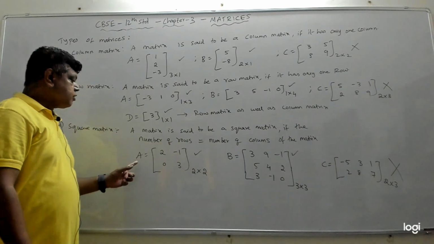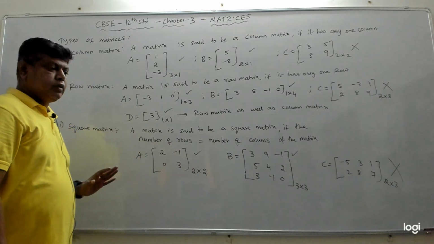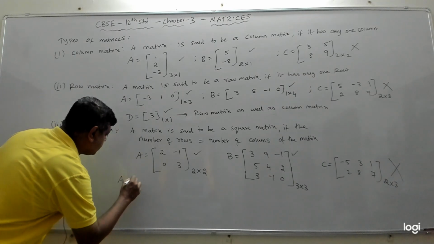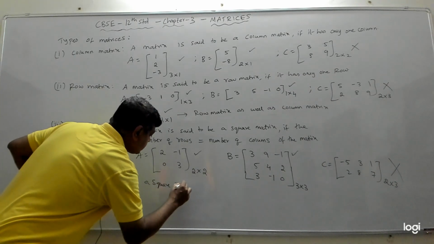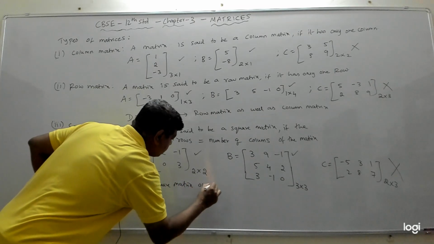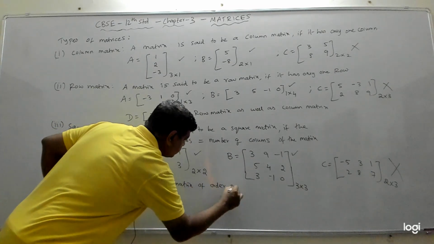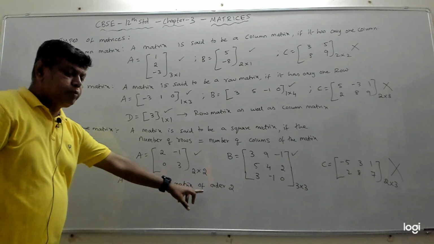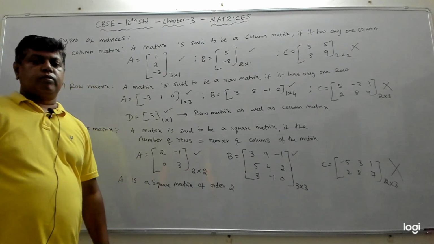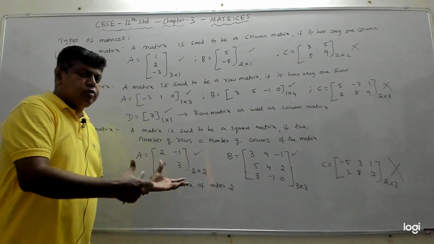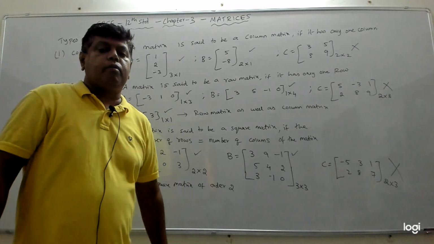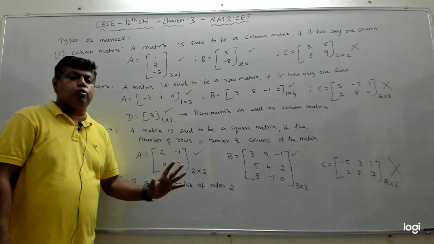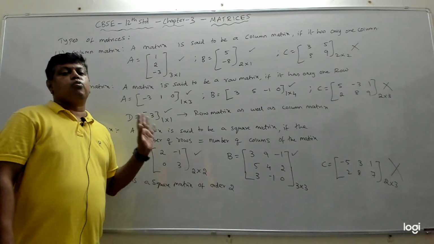Generally for a square matrix we will say A is a square matrix of order 2. If I say A is a square matrix of order 2, it means the order is 2 cross 2. Sometimes we may say it's a 2 cross 2 matrix.